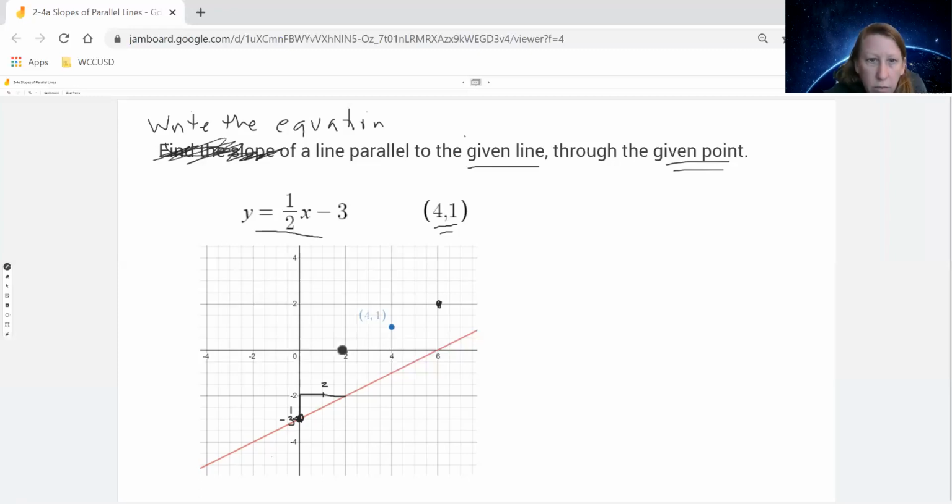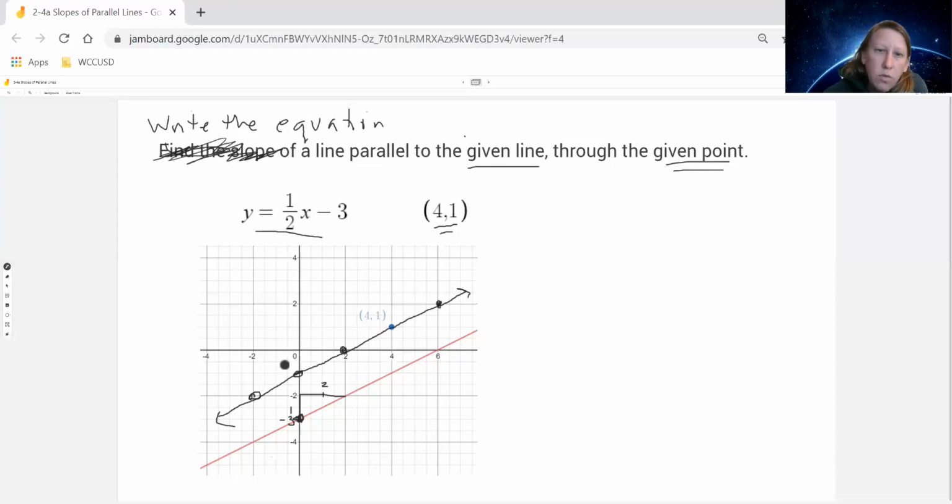And if I'm really careful, I draw this line. Let's see if I can do it. Oh boy, wish I had a ruler. Okay, looks like that. So that's the line parallel to the given line through the given point.